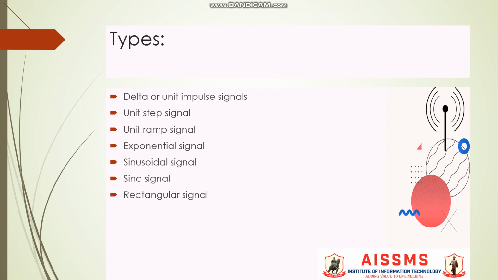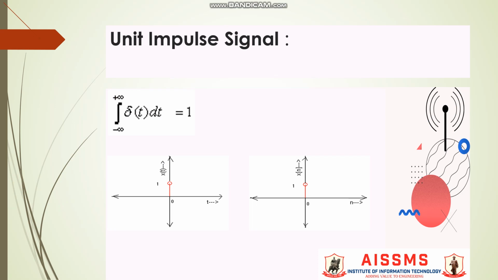To begin with, the very first signal, unit impulse signal, is denoted by del of t in continuous time. It is also referred to as delta function. The fundamental definition of the delta function is that the integration of delta function over time is unity.